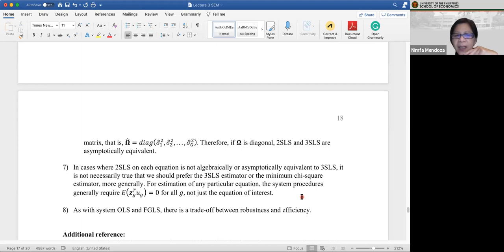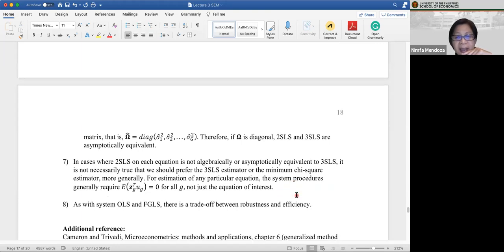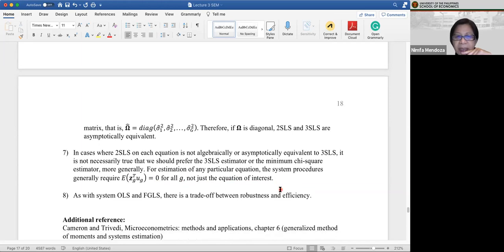In other words, it does not mean that we would prefer a system method, because even for a system method, we generally require that the expected value of Z_g transpose u_g is equal to zero for all g, not just for the equation of interest.